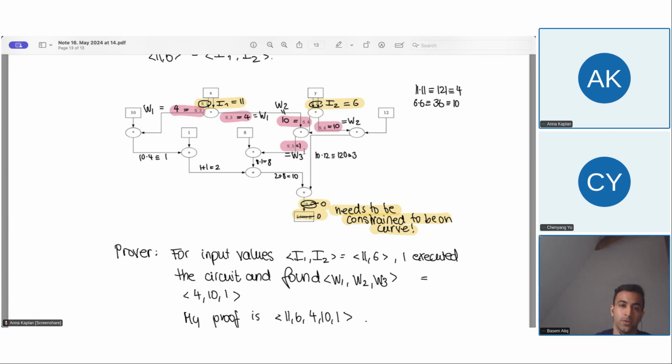Okay, gotcha, W3 is that output. All right, thank you. Sure. But these circuits, as I mentioned, are never unique. You can draw them in a lot of different ways. You should still have the same number of constraints in the end, but yeah, it's interesting for sure.